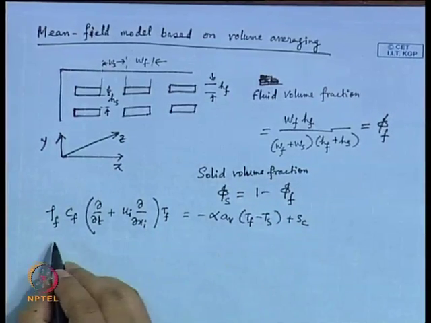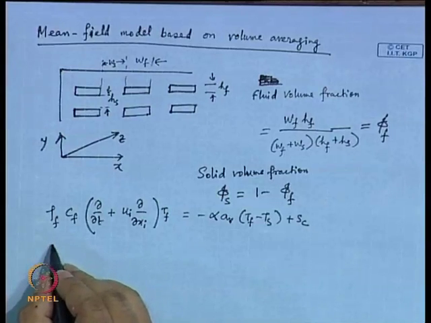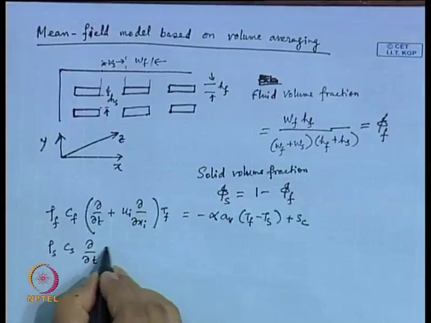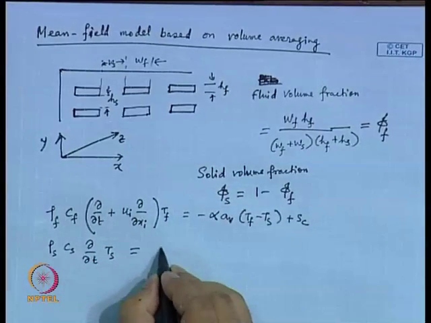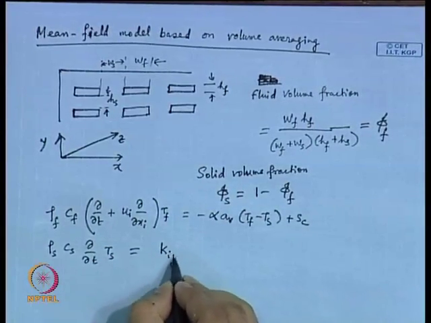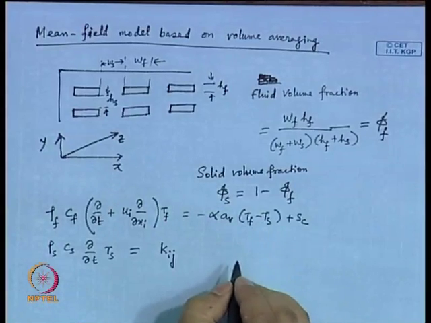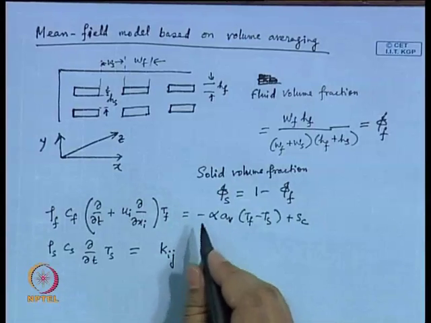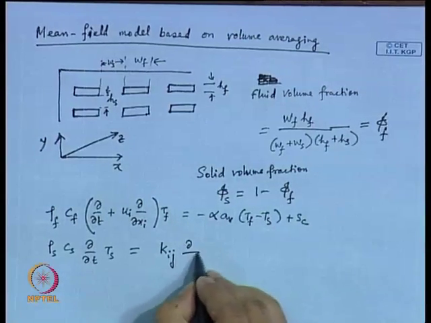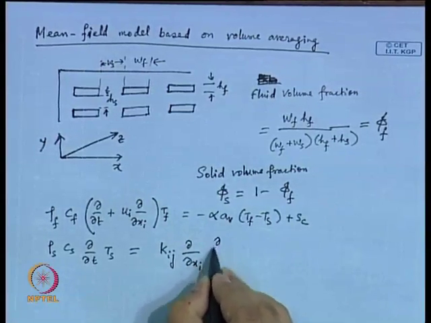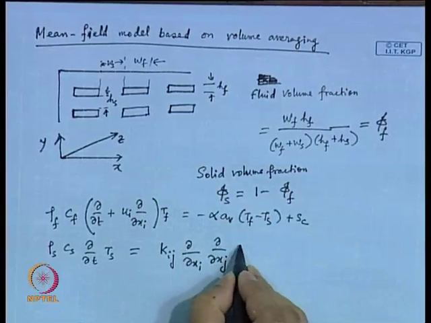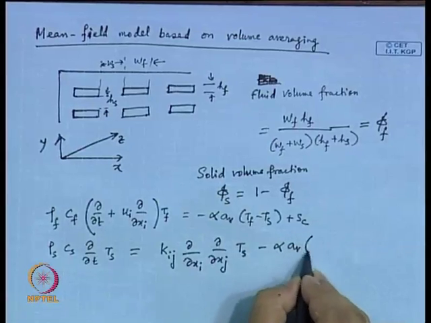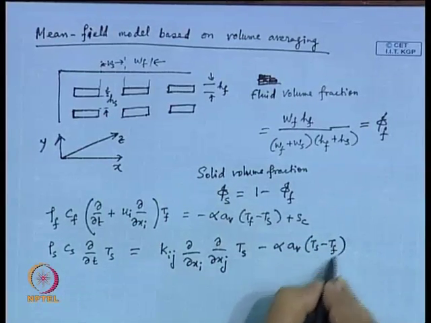S c is a generation term, the generation from the reaction. For the solid, you have del T s by del t, with no convection possible within the solid, and that is given by some thermal conductivity tensor, del by del x i del by del x j of T s, minus alpha A v times T s minus T f.